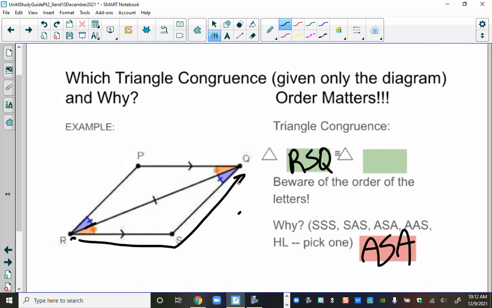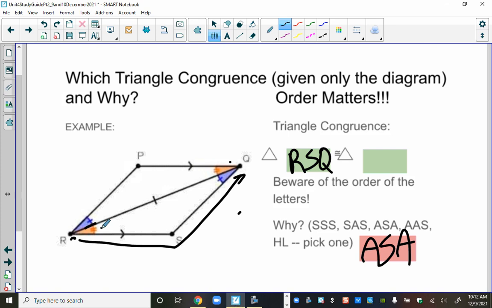Where must we start in the top triangle? Which letter? Notice he started at the bottom, at the orange angle. You have to go QPR, because if you start at orange, you have to start at orange up here.